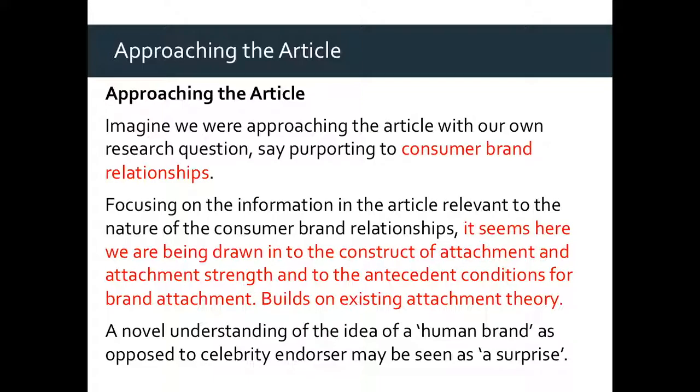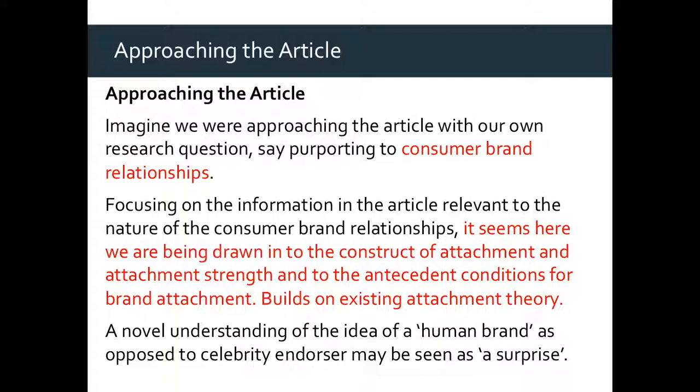There's often also an element of surprise, something you hadn't really thought about before, which is also very useful. And that is this idea of a human brand, and understanding what this means and how it differs from the idea of a celebrity brand endorser.